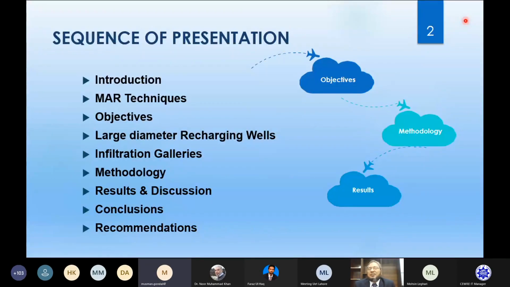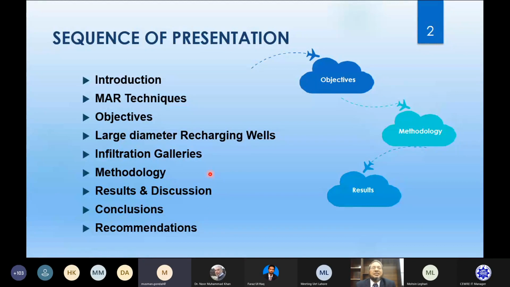This would be the sequence of my presentation. I would give you some introduction about the MAR and then the MAR techniques, then the objectives of today's presentation. Then I would discuss the large diameter recharging wells, and then the infiltration galleries, and then the methodology which we have adopted.